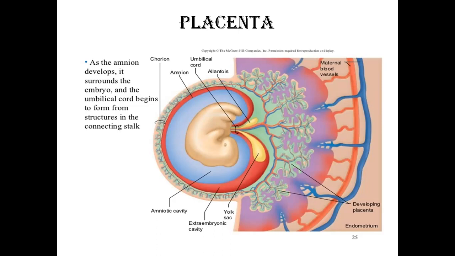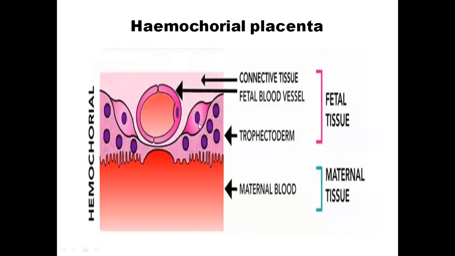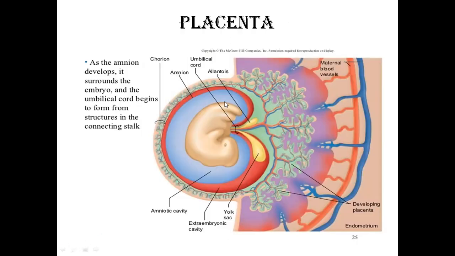So we find that now there is formation of placenta. So placenta formation is completed by about 6 to 8 weeks. So by about 6 weeks, we find that there is formation of embryo, beginning of formation and differentiation of embryo from the inner cell mass.